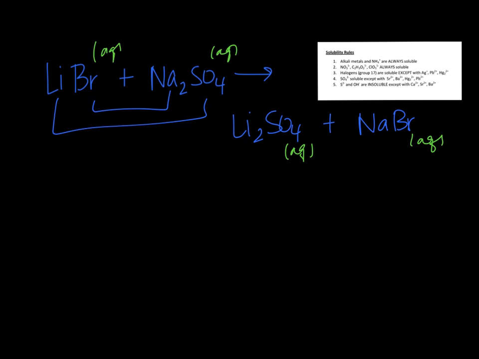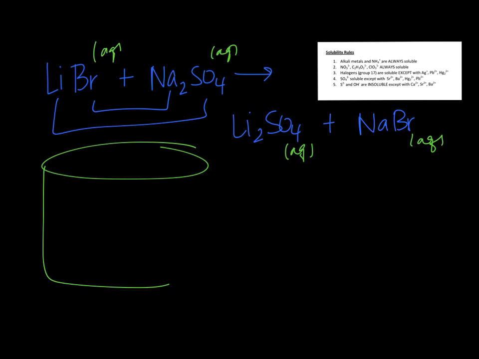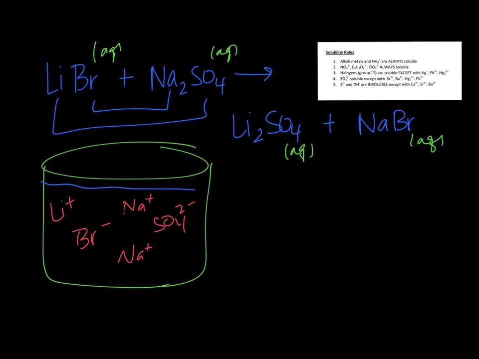So when we have our big container of this stuff that's mixed together, we end up with a lithium ion, a bromide ion, a sodium ion, or 2 sodium ions actually, and a sulfate ion.